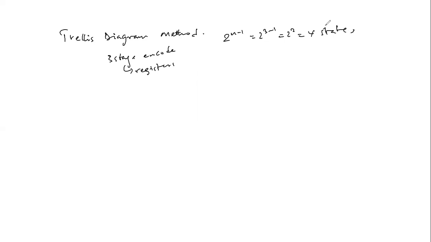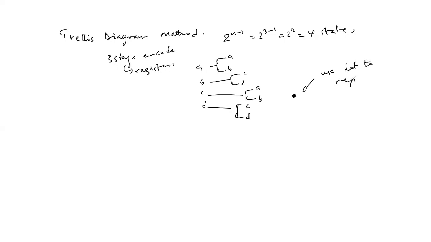Now we say that we have states A, B, C, and D, and we know state A can lead to A and B, state B can lead to C, D, state C can lead to A, B, and state D can lead to C, D. In the Trellis diagram, we use dots to represent each state.